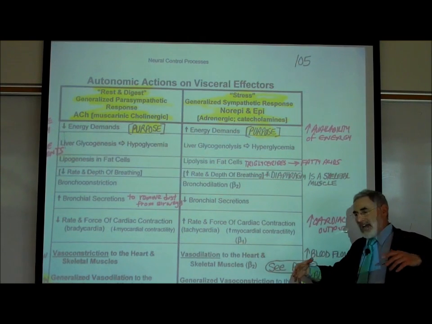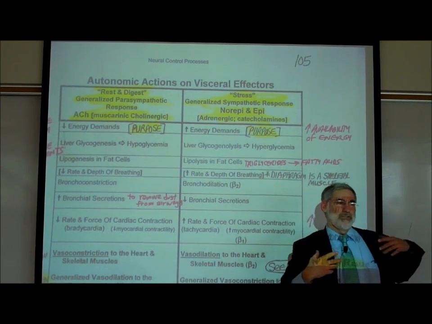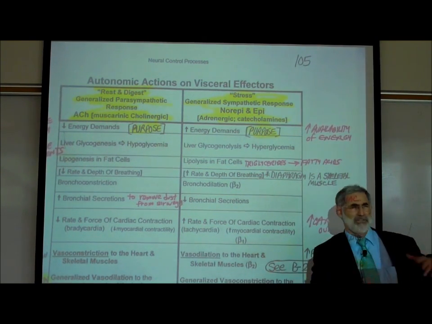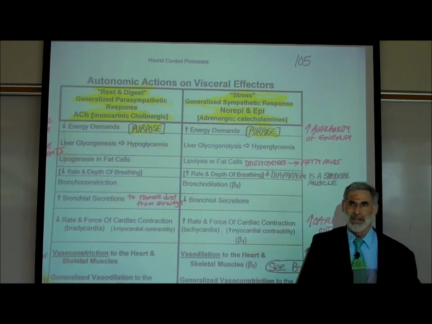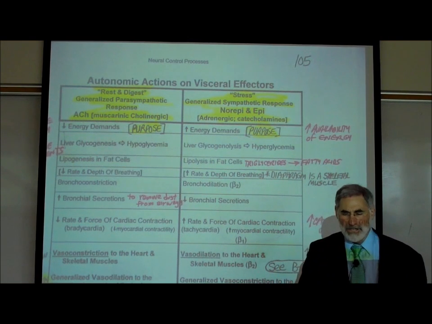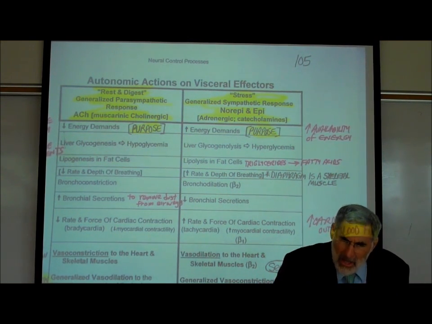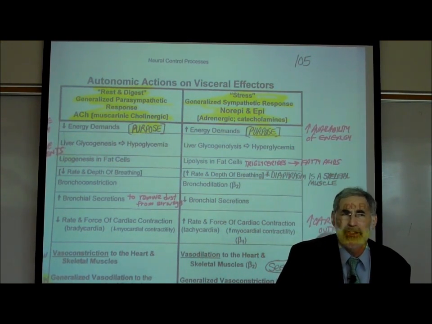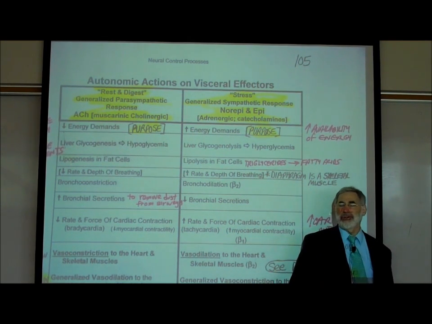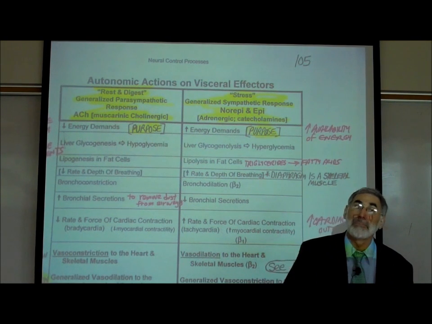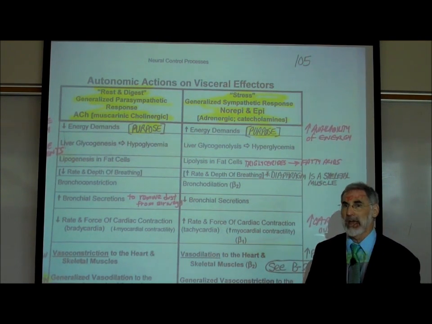So remember, we've got all these autonomic motor neurons innervating all of our internal organs: the liver, the stomach, the heart, the kidneys, the blood vessels. As I tried to describe beginning last time, if you were going to design the human body, what would you want the different organs to do in an emergency situation like we've described?